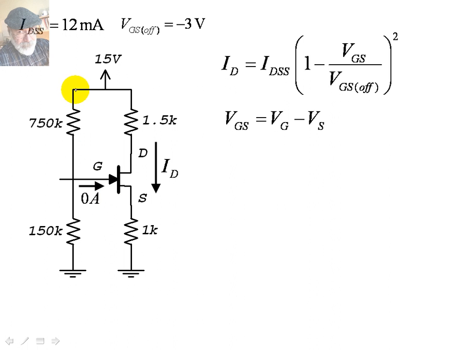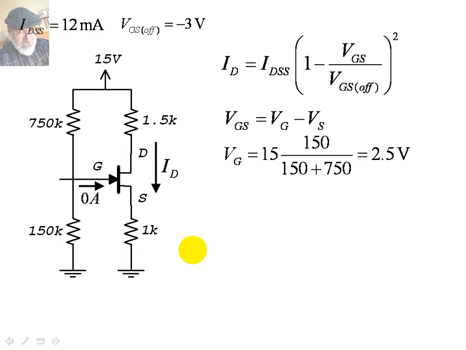We have a perfect voltage divider of 15 volts among those two resistors, 750 and 150 kilos. So VG is given by a voltage divider: 15 volts times 150 divided by the sum 150 plus 750, that is 2.5 volts. The gate is 2.5 volts above the reference node.